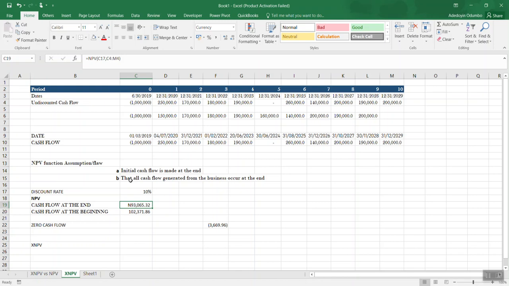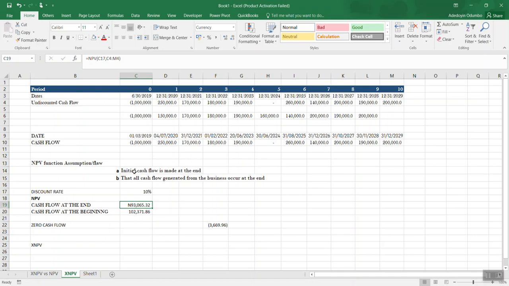But the NPV assumes that all my cash flows occur at the end, that is, on the 31st of December of every year moving forward. But if I have a detailed analysis of my timeline, that's my time period when my cash flow occurs, I can use XNPV to solve this.